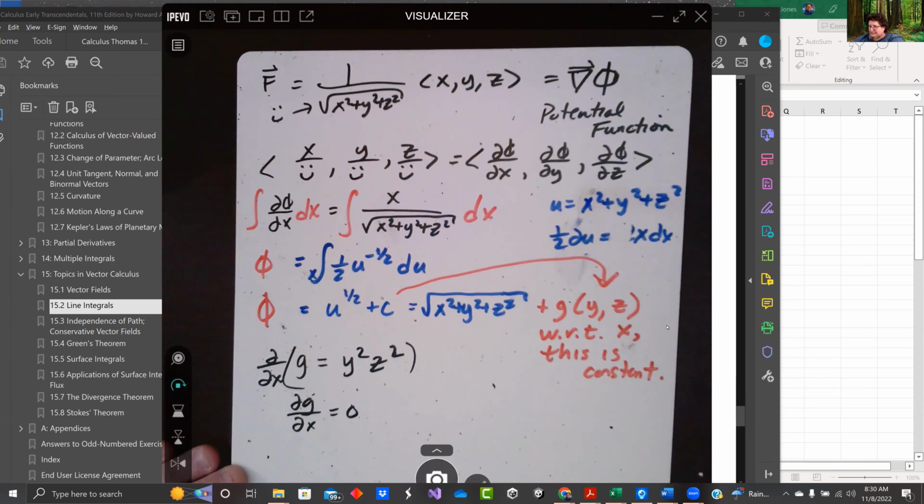And we also had from up top dφ/dz equals z over the square root of x squared plus y squared plus z squared. So we can finish this off and figure out what φ is by working off of this. Let's take the partial derivative with respect to z of both sides there.